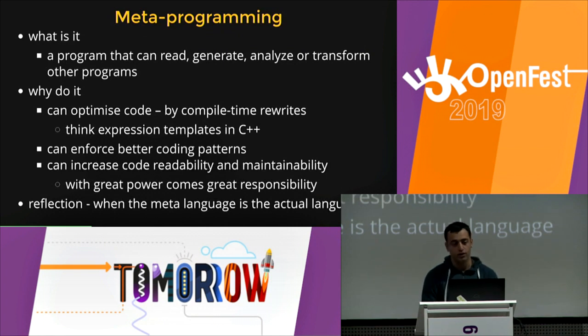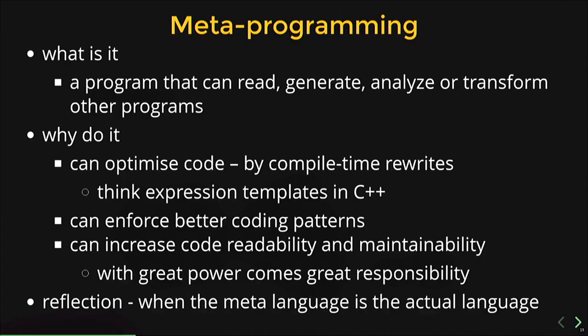So a little bit about metaprogramming. The idea behind it is that metaprogramming is when you actually write a program which reads, generates, analyzes, or transforms other programs. And one reason why we'd want to do it is basically to optimize code. For example, to have some compile time rewrites. In C++, this is done with expression templates.